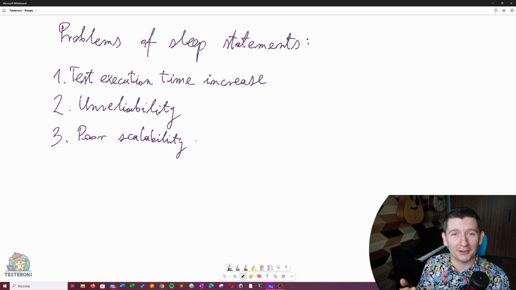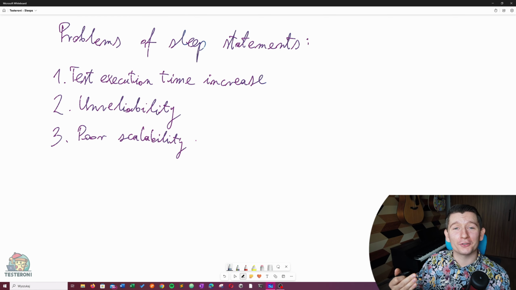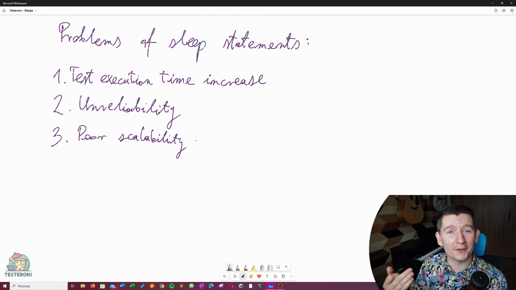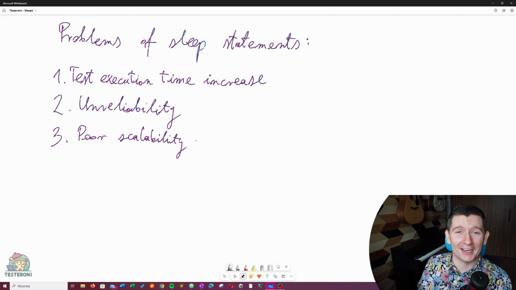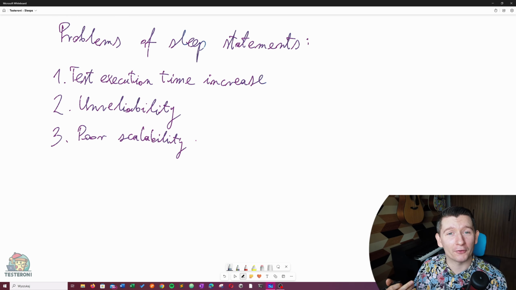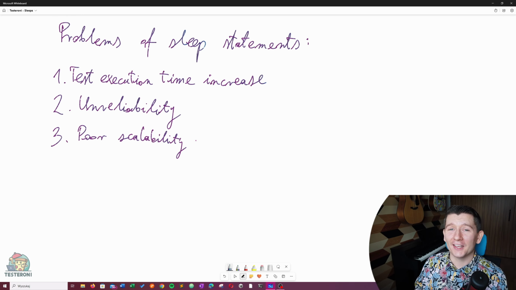They generally scale very poorly, because what works just fine on one machine or one configuration or one environment may very well not work just as well or nearly as well on a different set of configurations. And this actually causes it to scale very poorly, because how can you scale something that is fine-tuned to one specific instance?